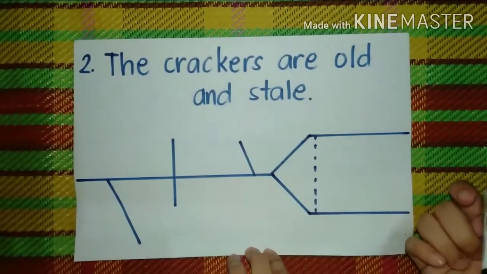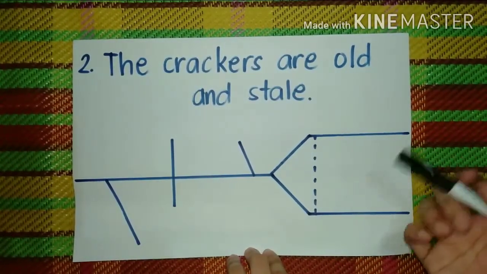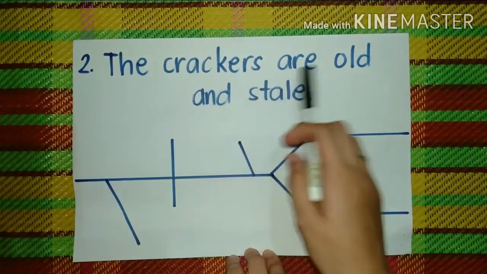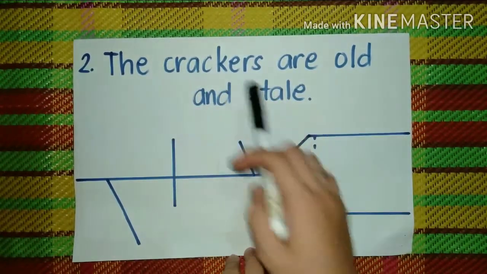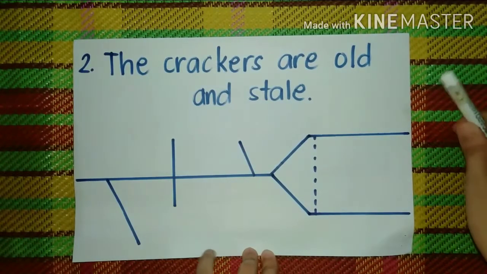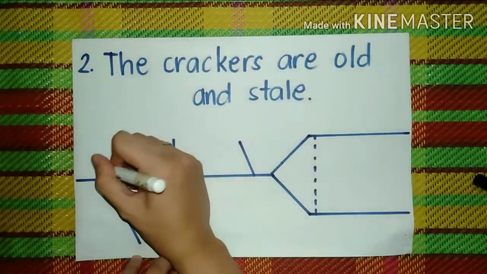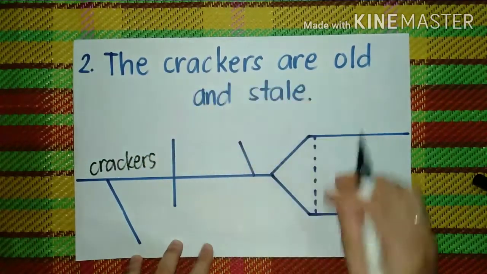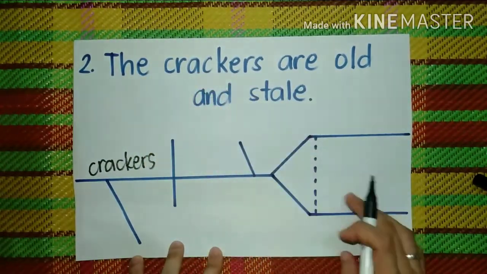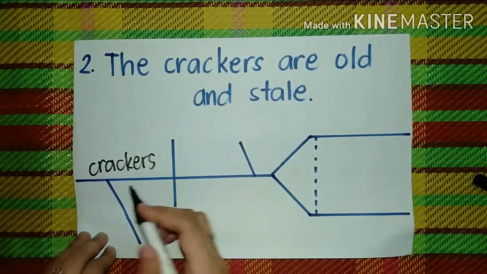First, let us identify which one is the subject in this sentence. The crackers are old and stale. We are talking about crackers, so automatically, crackers will be the subject in the sentence. So write crackers here. Then you can just put the article below the subject.